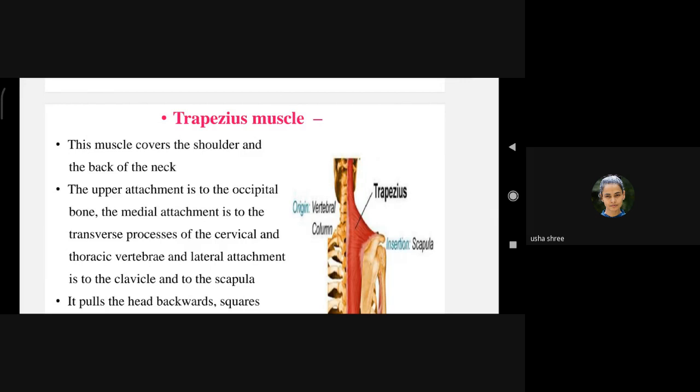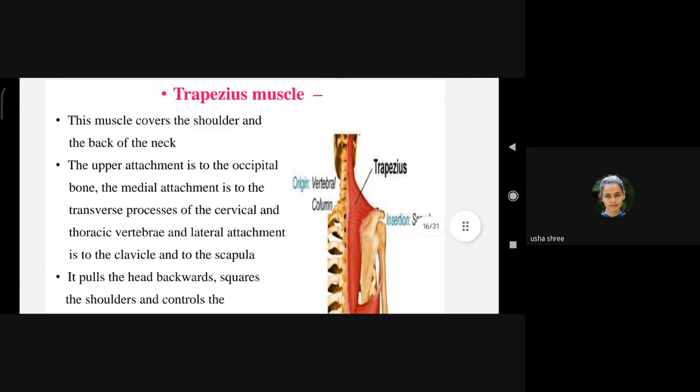If you remember what the transverse process is, then it is very good. You will understand from which part of the spinal column this trapezius muscle originates.